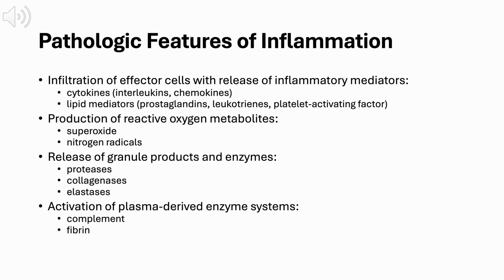Activated inflammatory cells also generate reactive oxygen metabolites, including superoxide and nitrogen radicals, and release destructive granule enzymes such as proteases, collagenases, and elastases. In parallel, plasma-derived systems such as complement and fibrin become activated. Together, these mechanisms help eliminate the offending stimulus, but they can also produce substantial collateral tissue damage, particularly within delicate ocular structures.